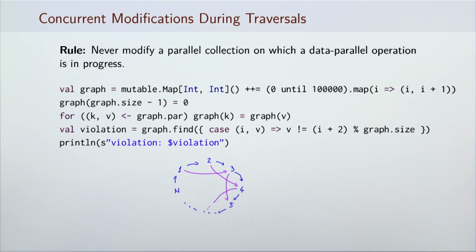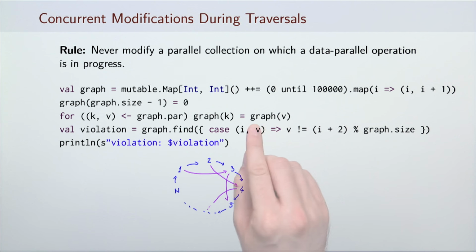The program has found some violations of our constraint, meaning that it does not run correctly. In fact, there are 2 errors in this program. First, we are modifying the same collection that we are traversing in parallel. In some cases, this can even cause the program to crash, since the data structure can be observed in a corrupted state.